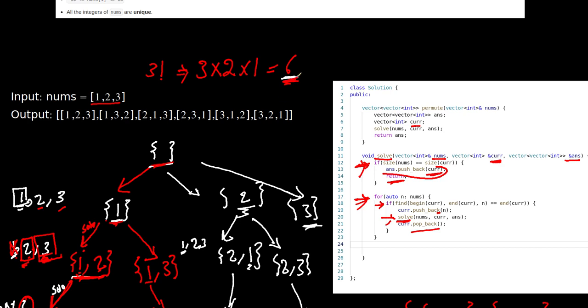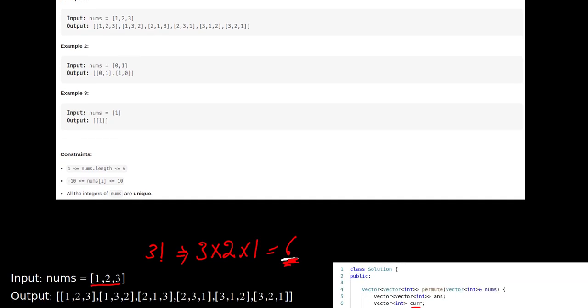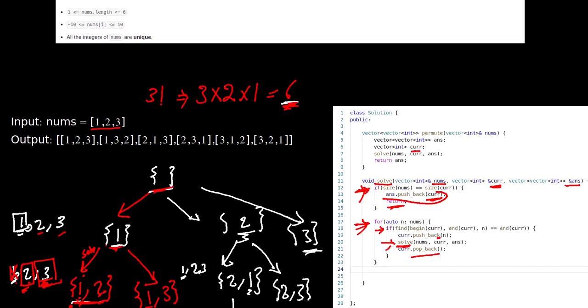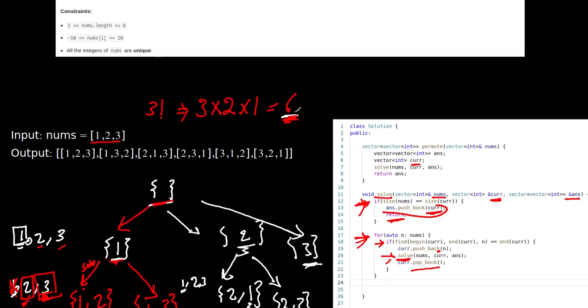The length of a vector is the length of nums. Assume the length of nums equals n, so time complexity will be n factorial multiplied by n.